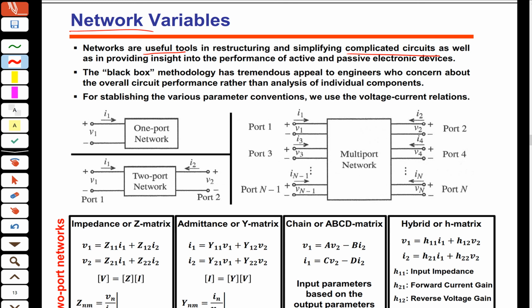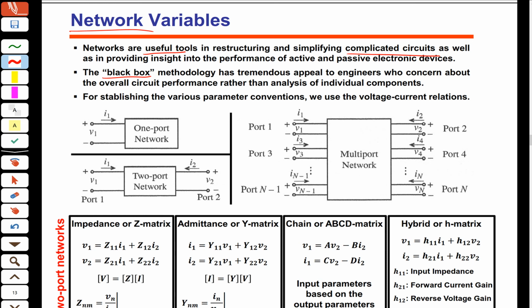But when we are looking at a black box, by just looking into the ports that we define for that black box, and then we characterize that black box, it's very useful, especially in RF, because it's not important what's going on inside this network. If I know the input voltage and current of this network, then I can simply connect this network to the rest of my circuit and then use it and analyze my circuit.